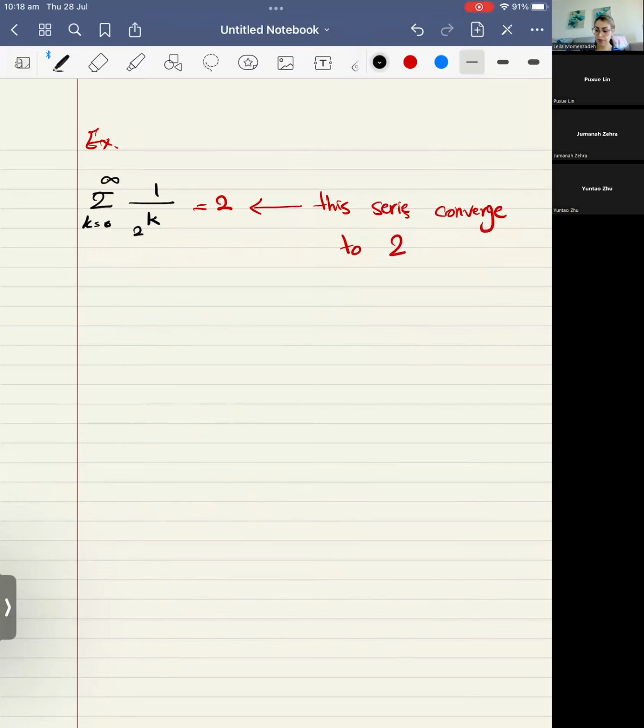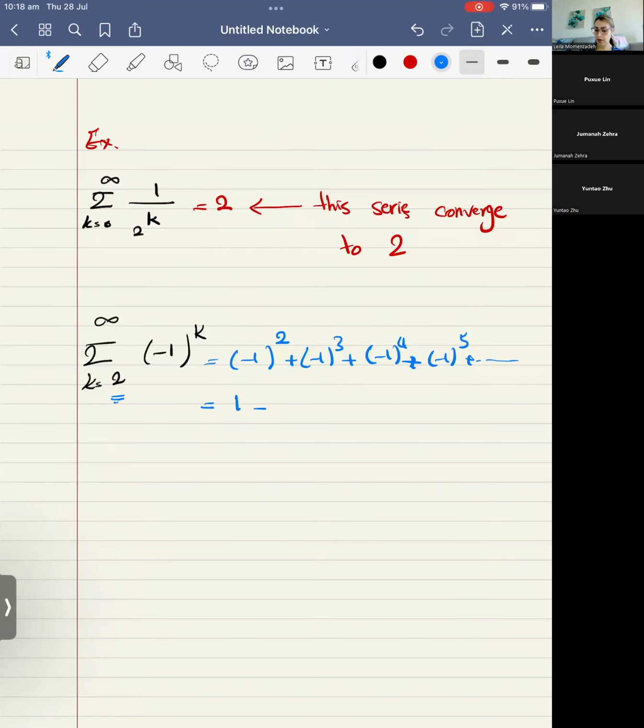And for example, summation k equals 2 to infinity of minus 1 to the power k. Okay, what does it look like? It is minus 1 to the power 2, plus minus 1 to the power 3, plus minus 1 to the power 4, plus minus 1 to the power 5, and so on.